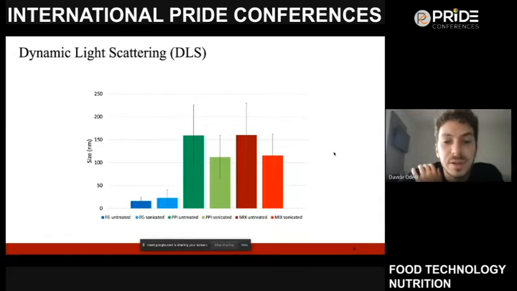The first graph presented regards the particle size of the particle suspensions, and here the first consideration we can make is that pea protein has a way larger size than fish gelatin. And also, when the proteins were mixed, the results showed a behavior really similar to the pea protein only, as if the instrument only detected the pea protein in the mixture of proteins.